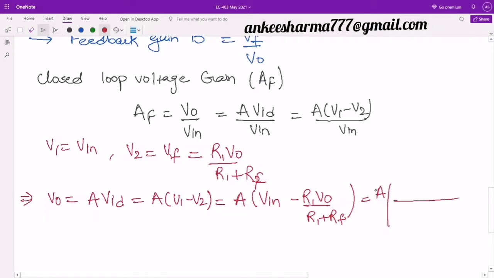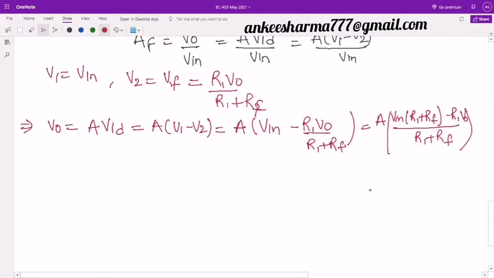So when you take the LCM, it will be R1 plus RF, and you will get VIN into R1 plus RF minus R1 V naught, right? Then you will further solve it. You will get V naught will be equal to A times R1 plus RF into VIN.